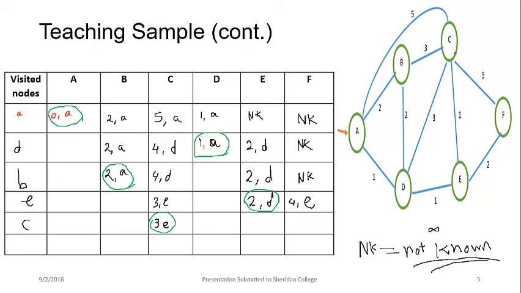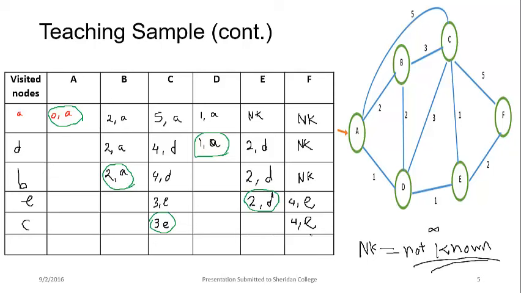So 8C. Well, I don't need that because I have 4E. That's less than that. So I stick with 4E.